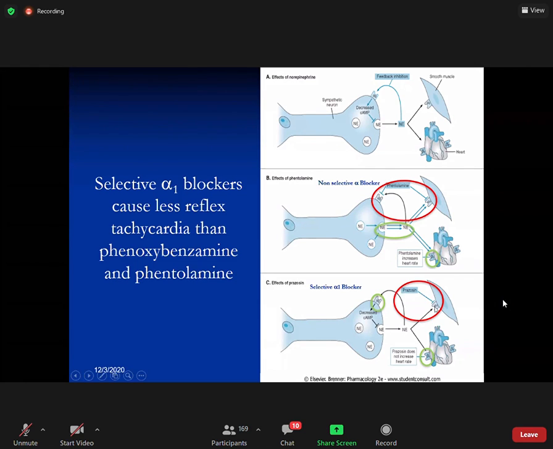Now, if you have a more selective alpha 1 blocker, it leaves the alpha 2 unblocked, which is opposed, so it does not increase the heart rate. Whatever I put in related to this picture will be clear for you.